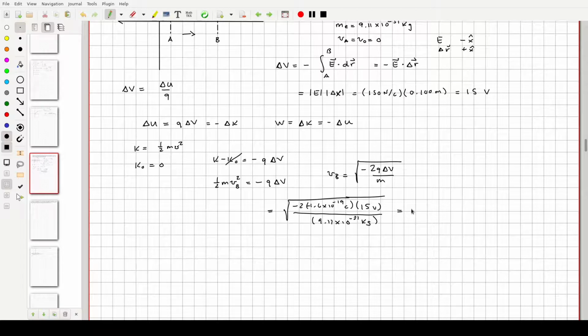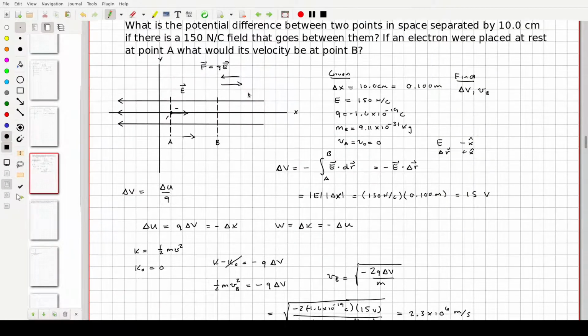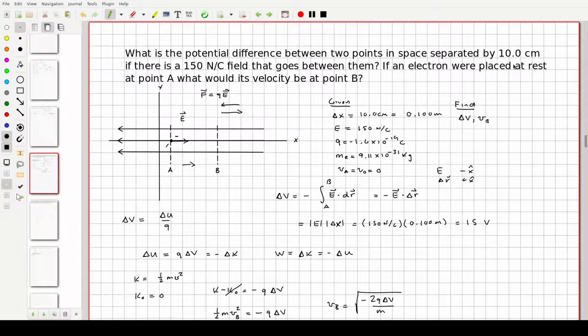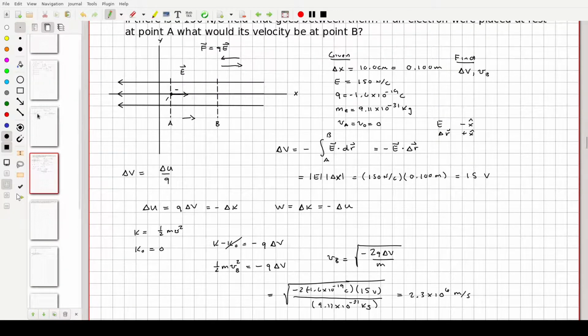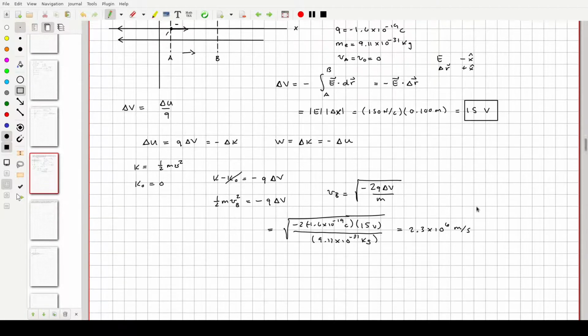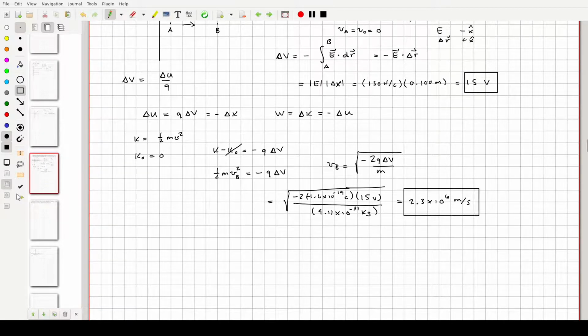I get 2.3 times 10 to the 6 meters per second. So, 2 sig figs here, 3 sig figs here, 2 sig figs in our voltage, and 2 sig figs in our velocity.